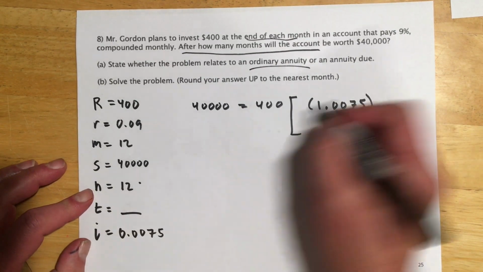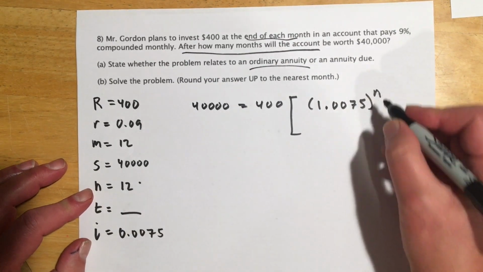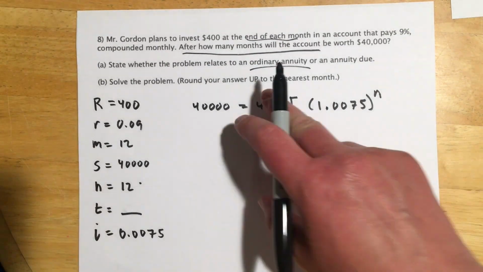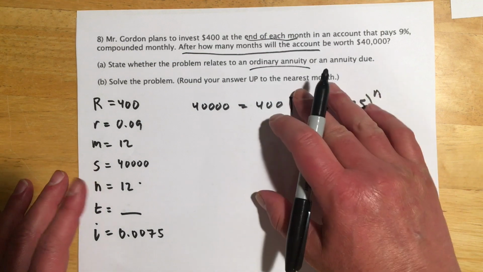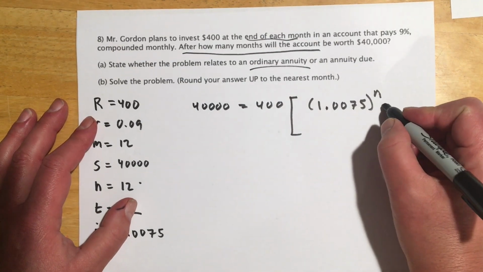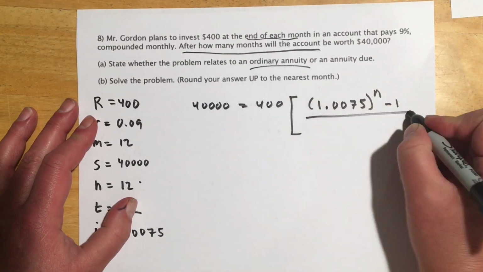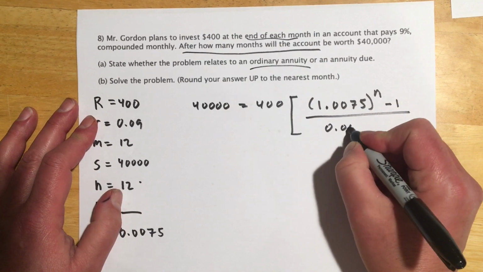And then right now, I'm just going to let this be N. So I'm just solving for N, and then at the end, I'll go back around to figure out what they actually want with this time and months thing. And then this is minus 1, and then over I again.